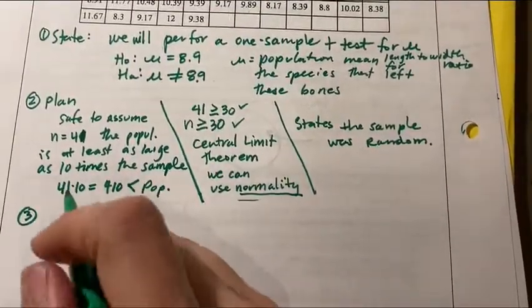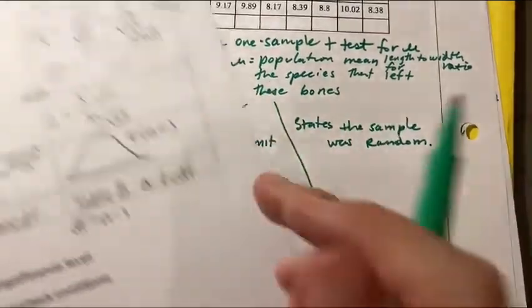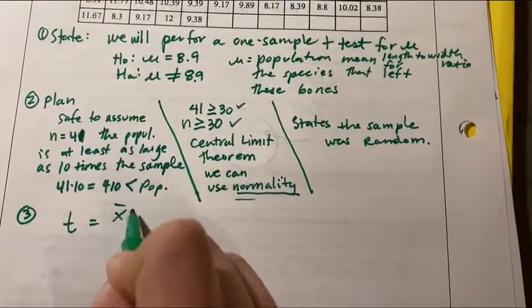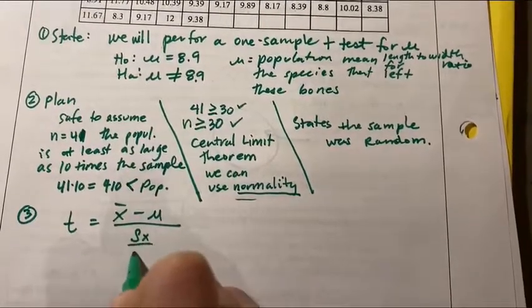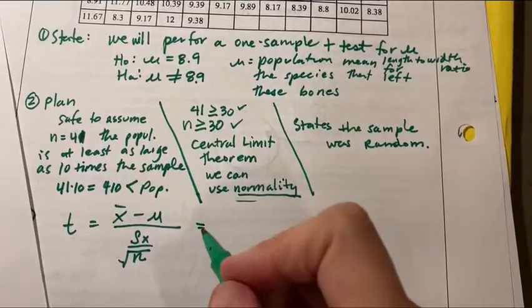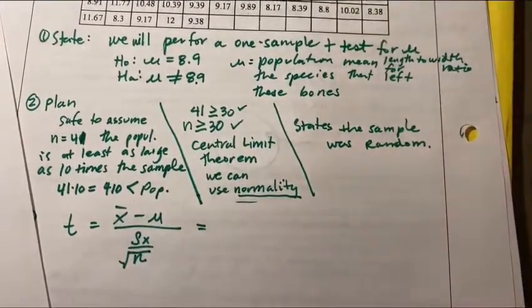Okay, so down to the do. Well, we said my test statistic is t equals x bar minus mu over s sub x over the square root of n. So let's fill that in. What is our x bar?